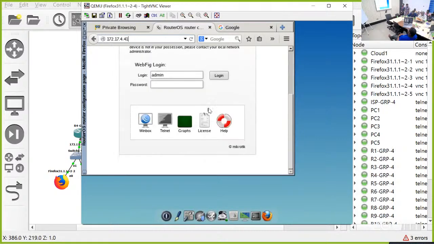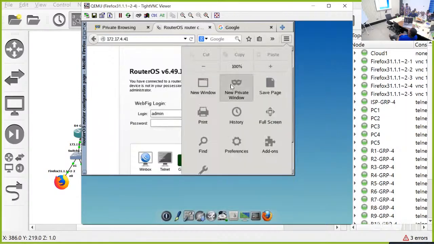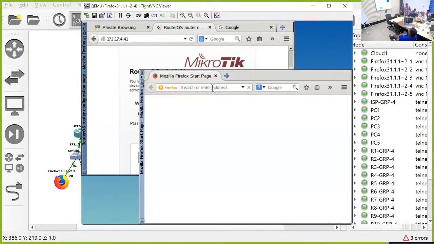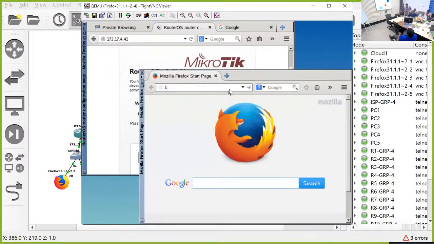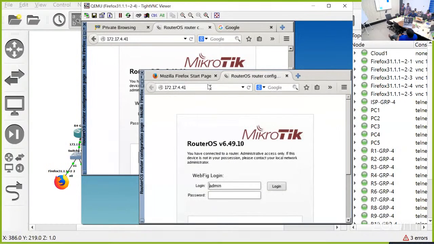I actually did the configuration and I tested it. 172.17.4.41, right? There's no hotspot. Okay, no worries.